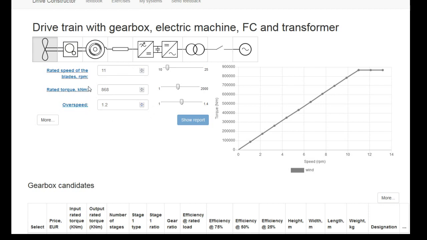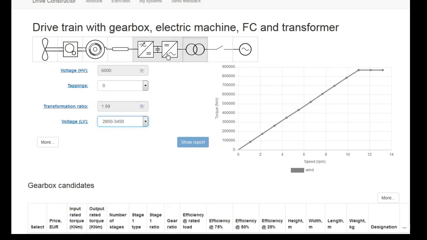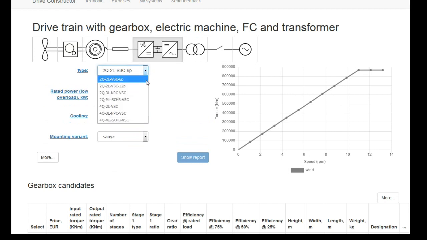So we enter, of course, the tidal turbine main parameters, speed, torque and overspeed, and then we need to choose the right voltage level to make the drivetrain operate in DriveConstructor. So we go for quadrant solution because it is a generating solution, the tidal turbine.